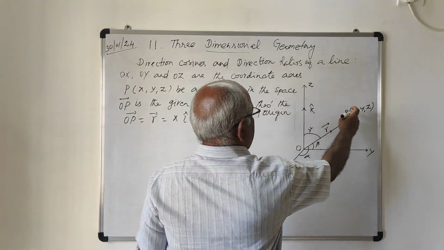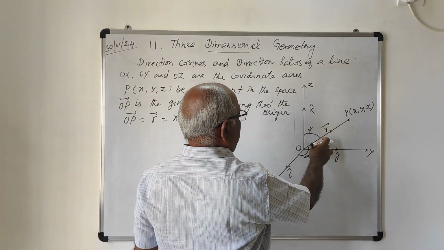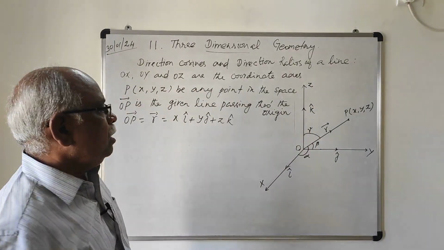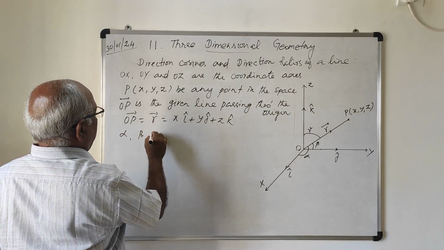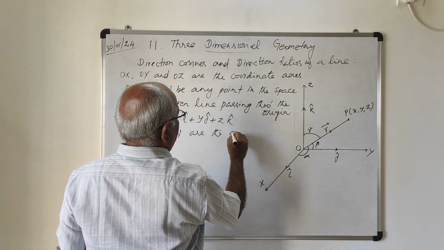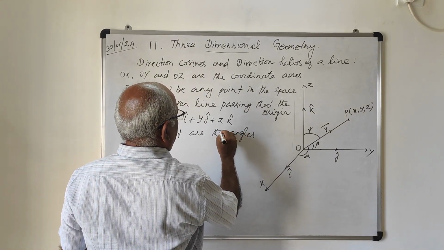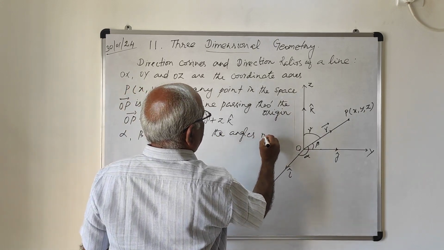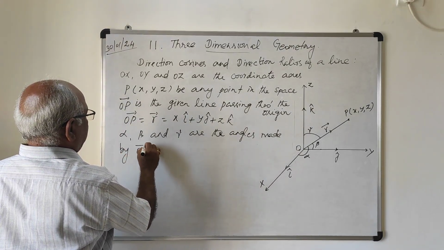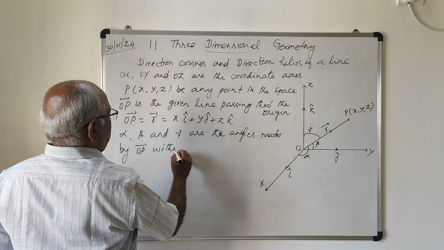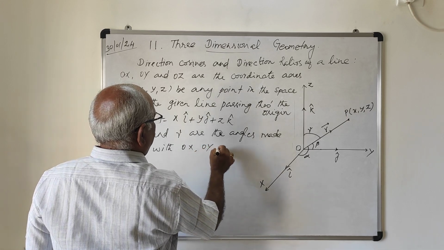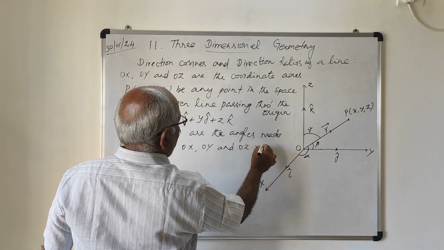And also the line OP makes angles alpha, beta and gamma with the coordinate axes OX, OY, OZ respectively.